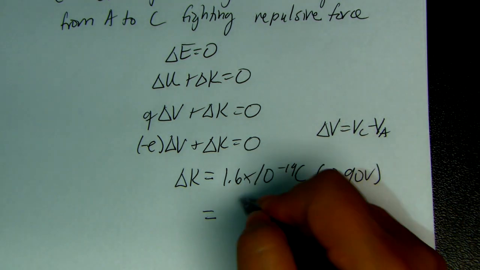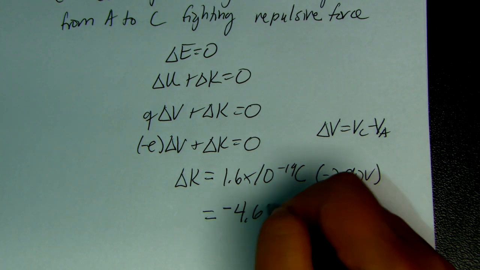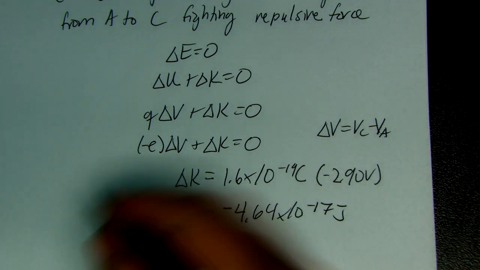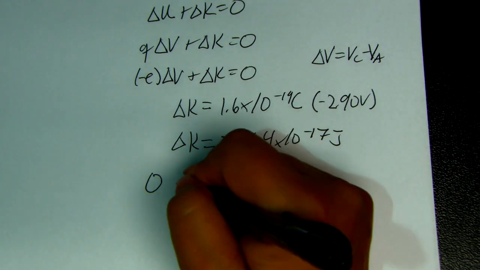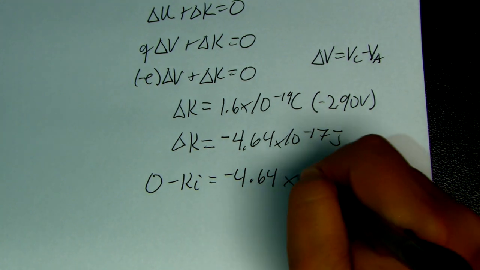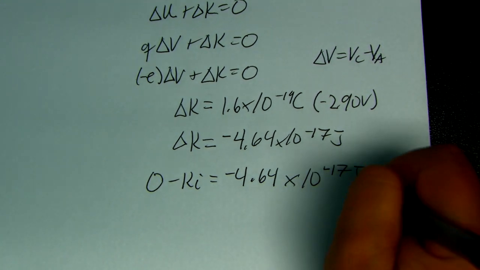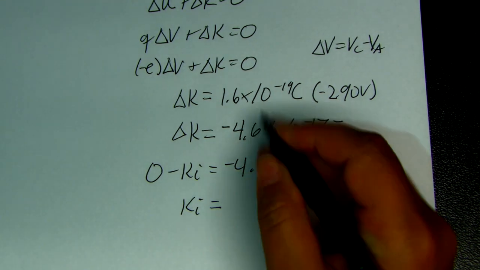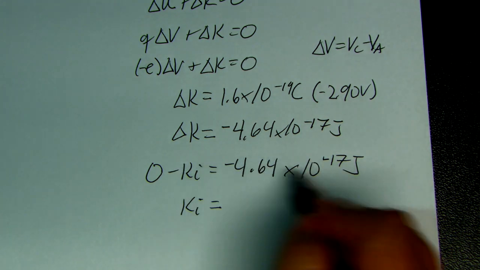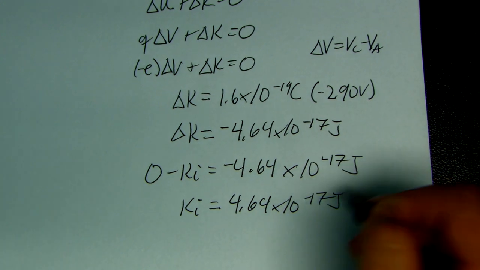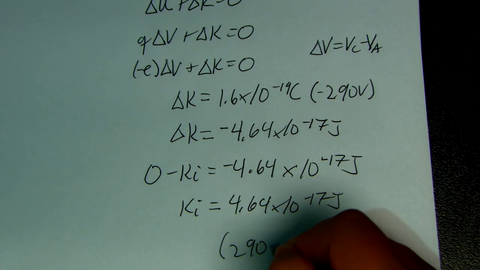So this is equal to minus 4.64 times 10 to the minus 17 joules. So we would have 0 minus Ki is equal to minus 4.64 times 10 to the minus 17 joules. And so Ki is equal to, we would multiply both sides by negative one, 4.64 times 10 to the minus 17 joules. And this is, if you're curious, 290 eV.